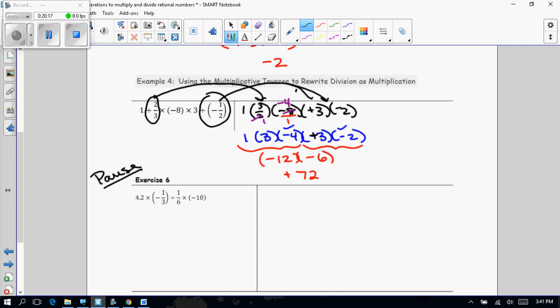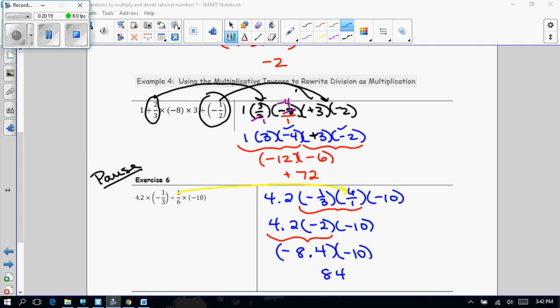All right, hit pause. Okay, so I took 4.2 times negative 1/3 times 6, because remember we're dividing by 1/6, so we use the reciprocal, and then times negative 10. So I dealt with the two fractions first because I knew that the denominator with the 3 works nicely, cancels out, and makes that 6 become a 2 because 3 goes into 6 twice.